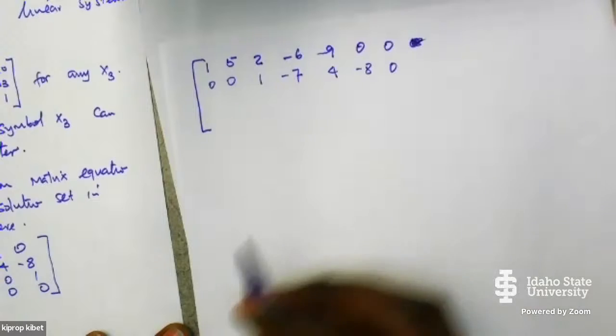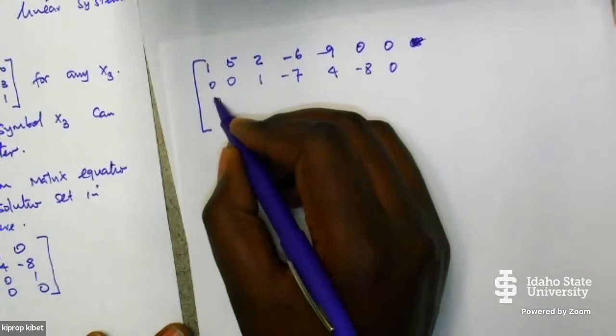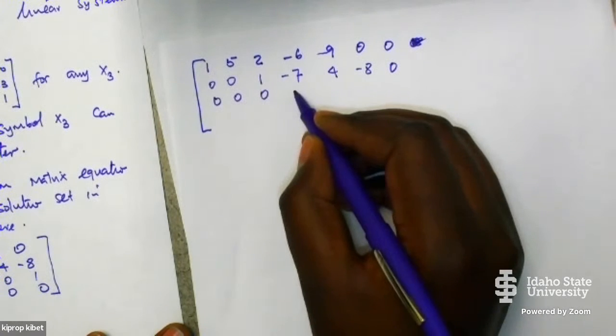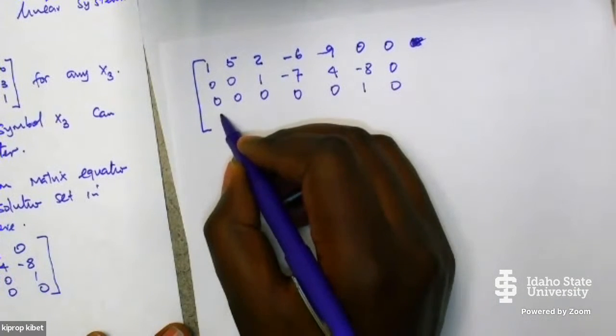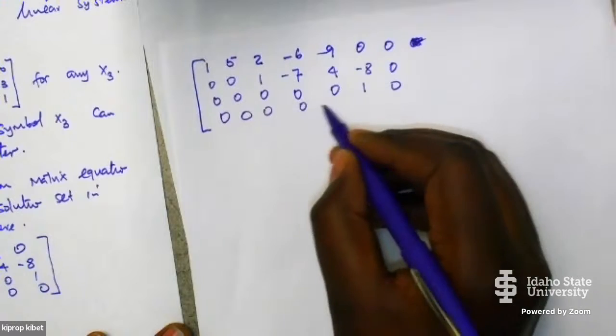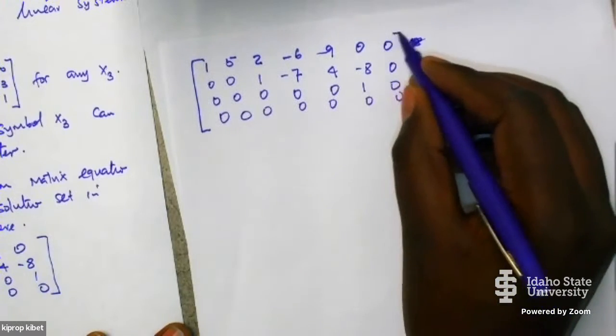And then we have 0, 0, 0, 0, 0, 1, and then 0, and then 0, 0, 0, 0, 0, 0, and 0 there.